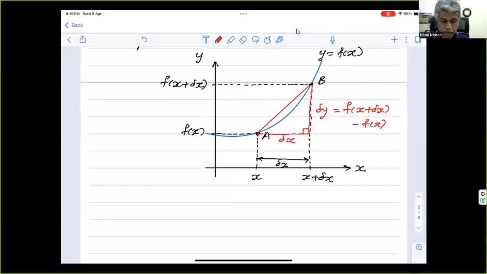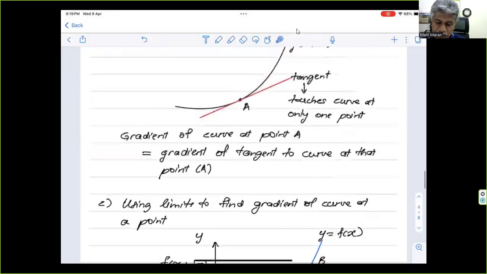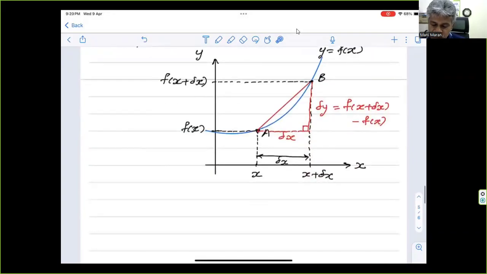Now, what we're actually trying to find is the gradient at point A, but we know that the gradient at any point is the gradient of the tangent. If you draw a tangent here, you'll notice that the gradient of the tangent is approximately the same as the gradient of AB, provided delta x is small. So when you make delta x smaller and smaller, this line will come somewhere here.